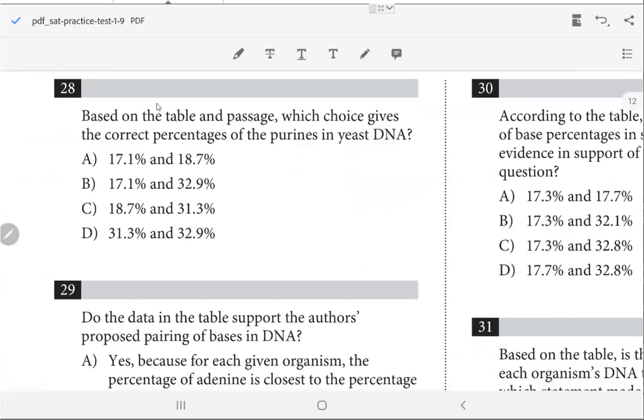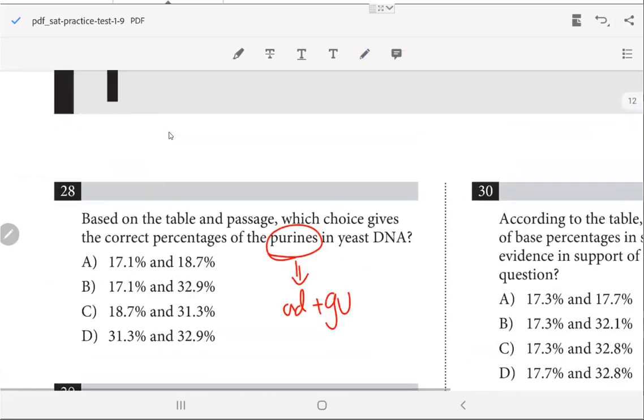28. Based on the table and the passage, which choice gives the correct percentage of the purines? So purines is adenine and, what was it? Guanine, wasn't it? Let me double check.